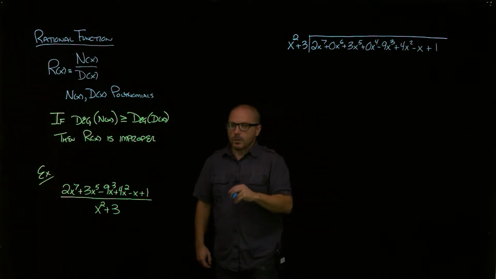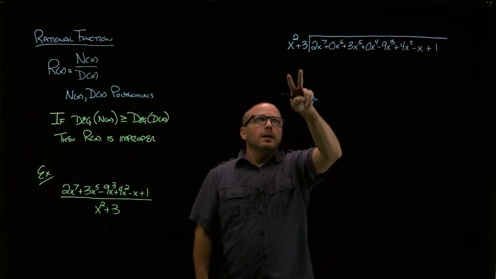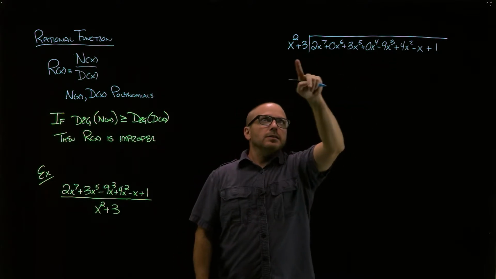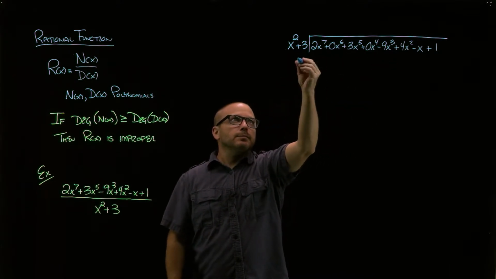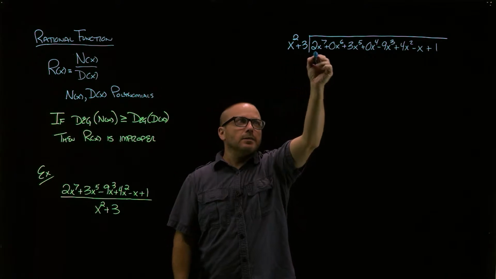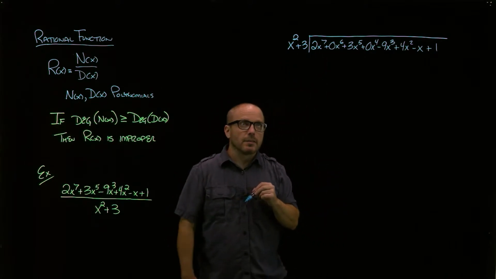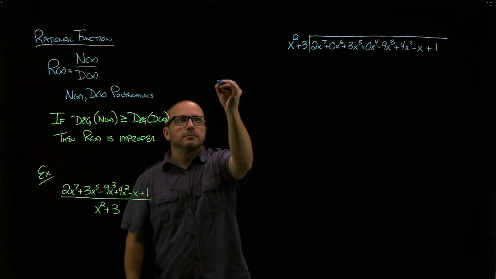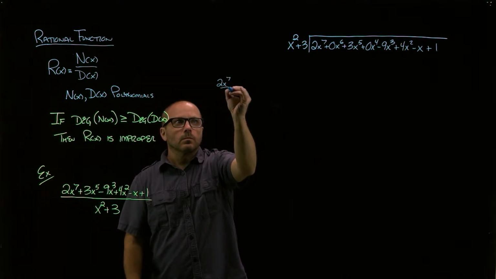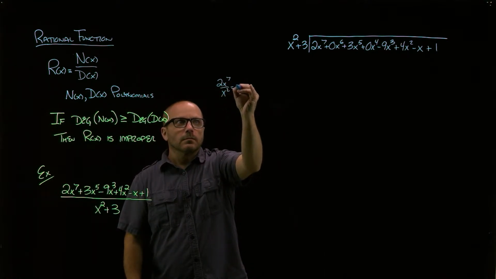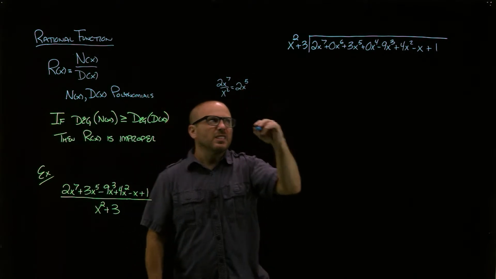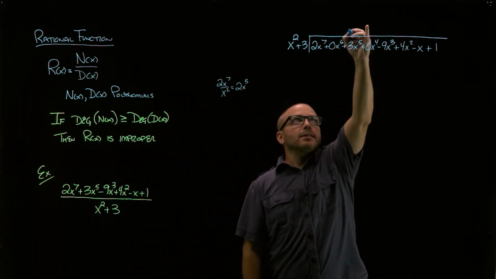OK, so I want to divide this into here. I just focus on these lead terms to start. So I'm trying to divide x squared into 2x to the 7th. That's just 2x to the 5th. So I'm going to line stuff up by degree.